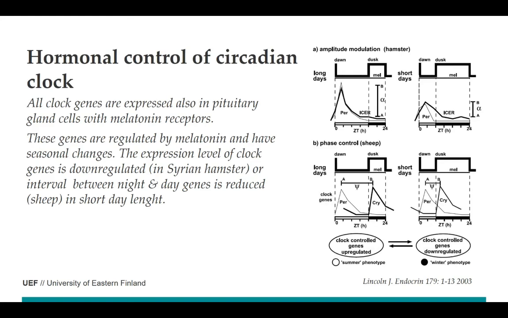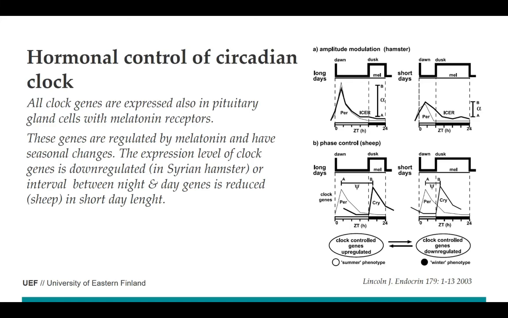And in this sheep, the interval between the PER and clock gene is changed. So it might be that more of these proteins are demanded in the circadian rhythm, or they appear at different times. So it might be affecting either the amount of the protein or the interval between the night and day genes.